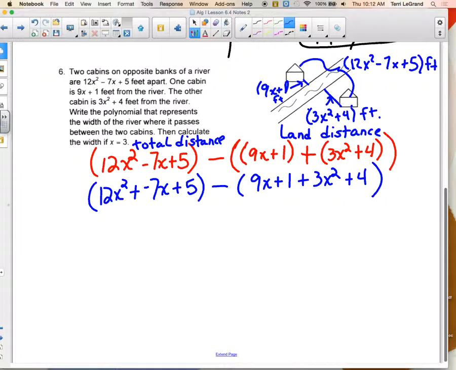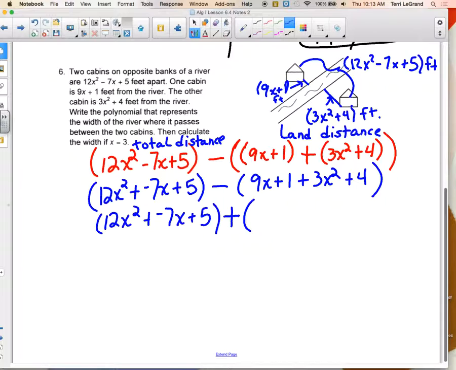Okay, so now let's leave this polynomial 12x squared plus negative 7x plus 5. And we're going to change this subtraction now to what? Addition, and what has to happen inside those parentheses? Every monomial term has changed to its opposite, doesn't it?